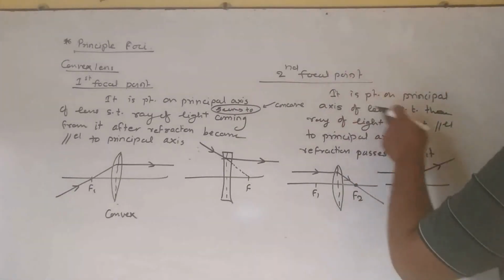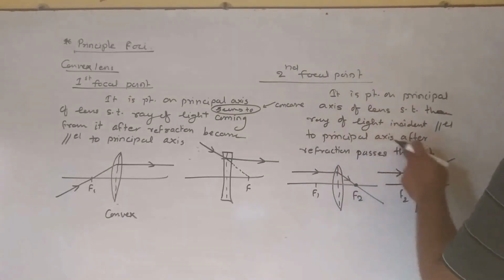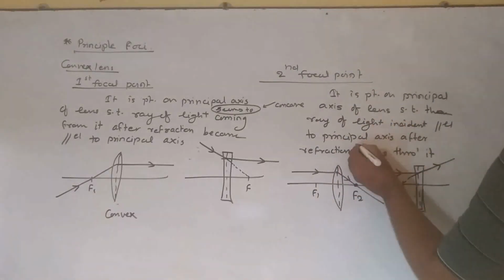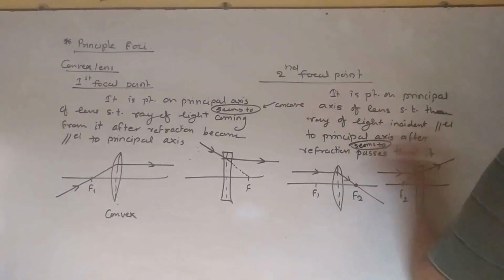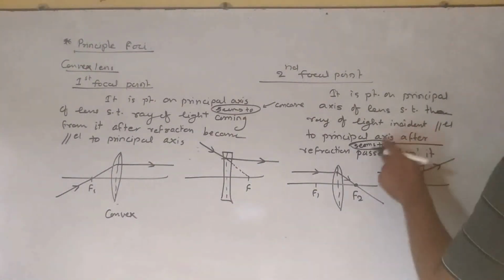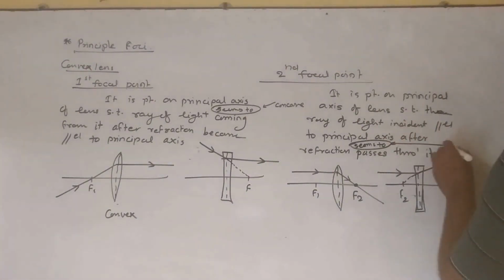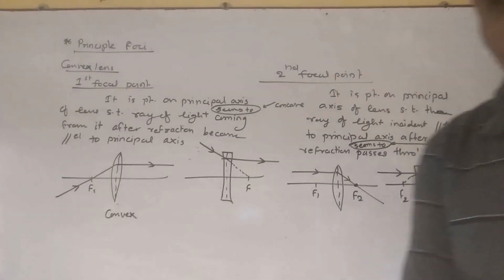It is a point on the principal axis of the lens such that the ray of light incident parallel to the principal axis, after refraction, seems to pass through it, right? This is the definition we are writing for the concave lens. Okay, so these are the concepts.